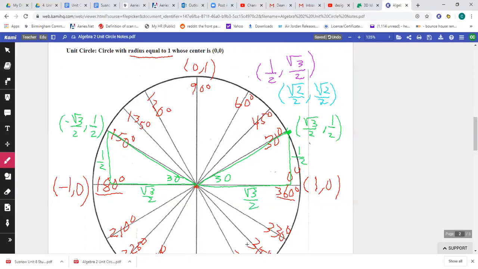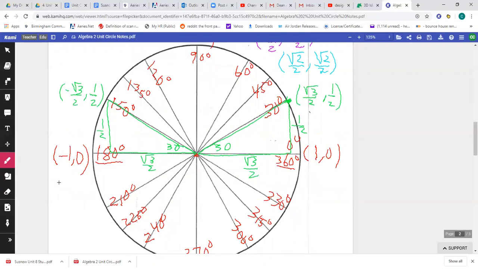So I hope you guys got that. Look at my right, what I wrote in green, and look at my left that I wrote in green. See how it's the same numbers? Because I'm still using the same 30, 60, 90 triangle. My x is still √3/2 and my y is still 1/2. Except remember, on a coordinate grid, if you go to the left from 0, 0, x is negative. So look what we could keep doing here.